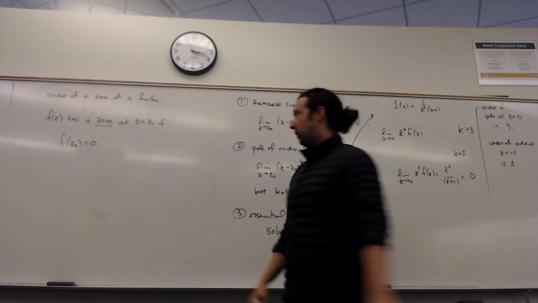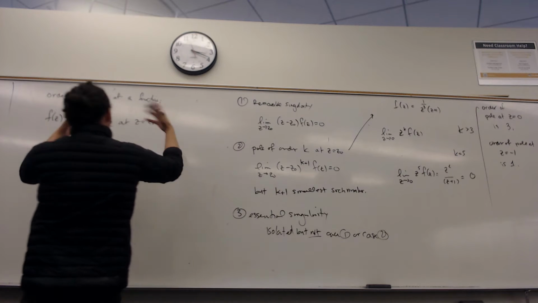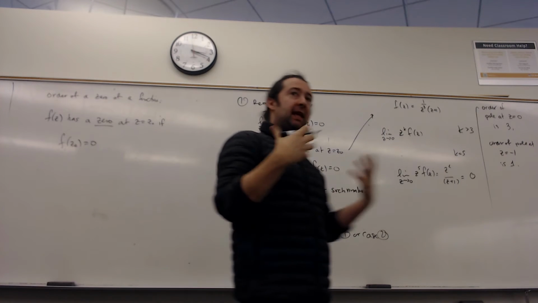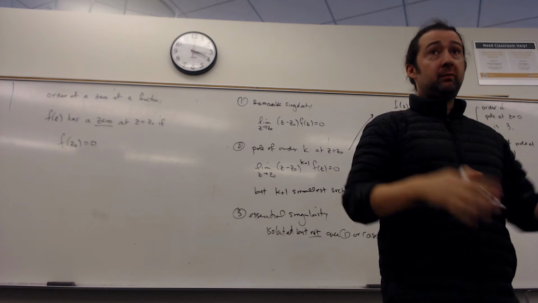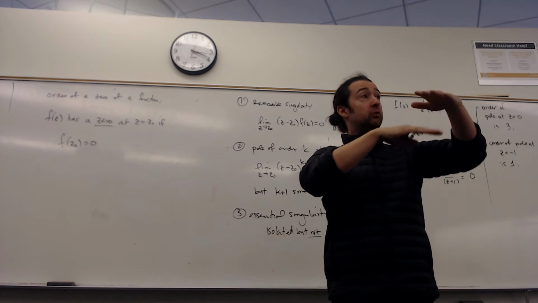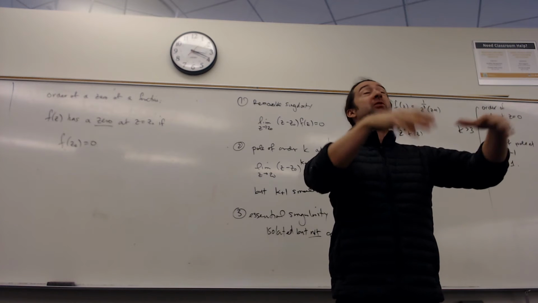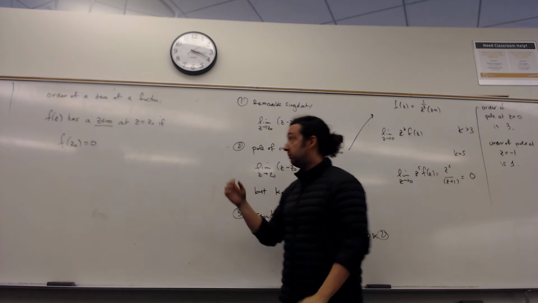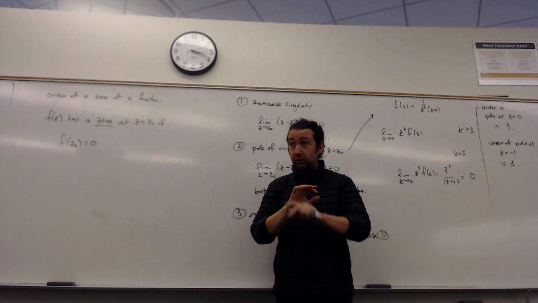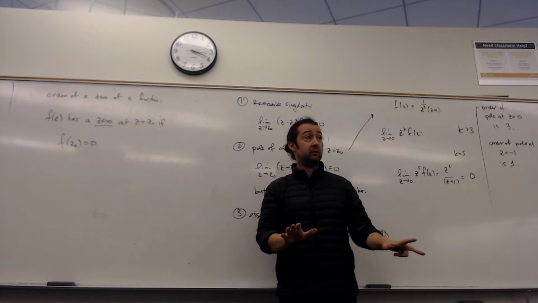So what I want you to think about in the background here is that we're talking about analytic functions as the basis. Meromorphic functions are built out of quotients of polynomials or quotients of analytic functions. So I want to operate with the assumption that all the functions we're dealing with have convergent power series.